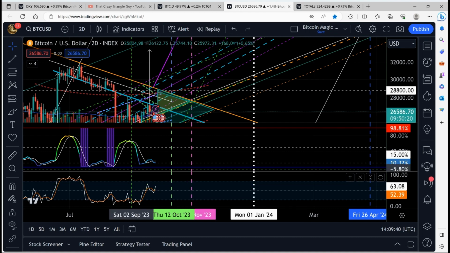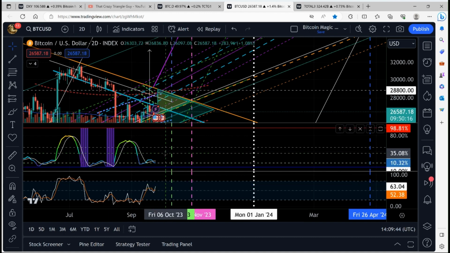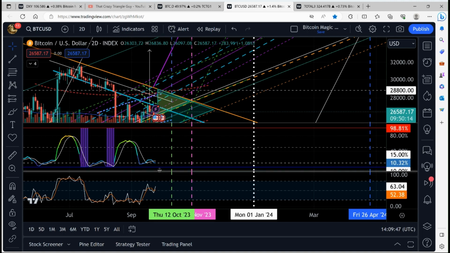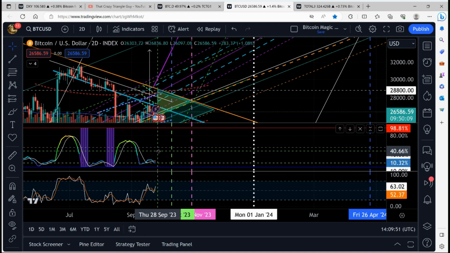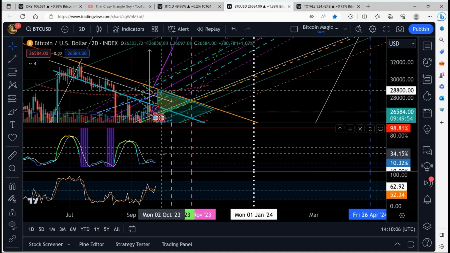Crap, don't got much time left. Looking at Bitcoin on the 2-day time frame at the BBWP, we've been bouncing around here. We haven't quite got that expansion yet. But it looks like we did get below into extreme low volatility, and we are set to expand now, currently at 10.32 on the 2-day.